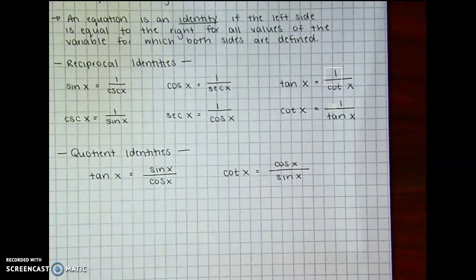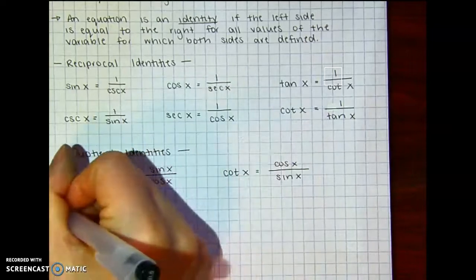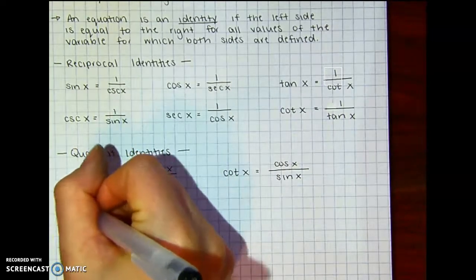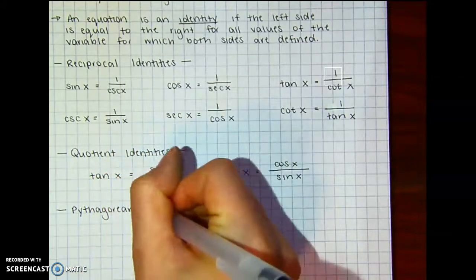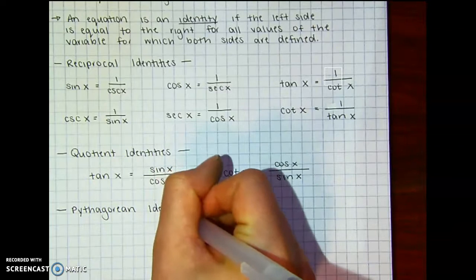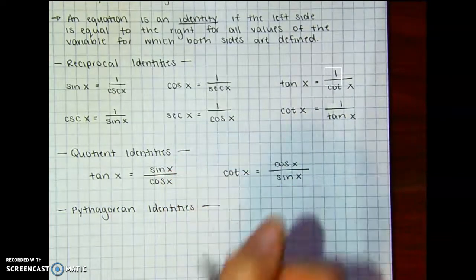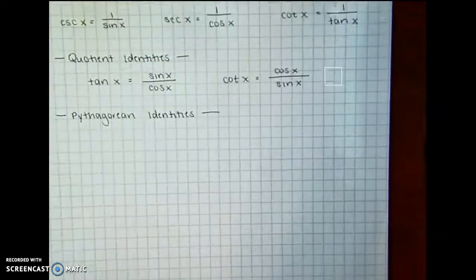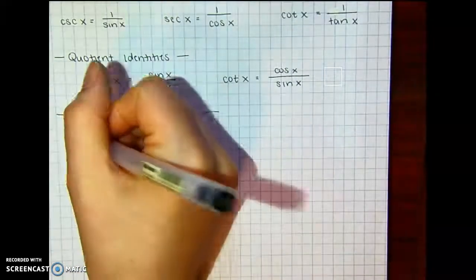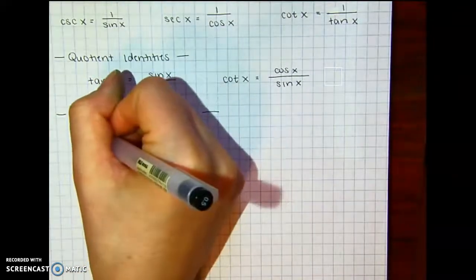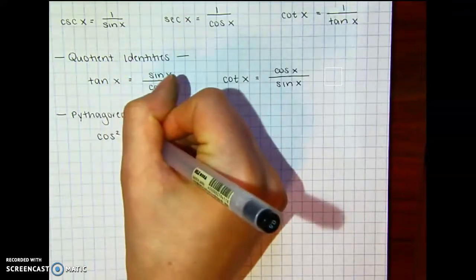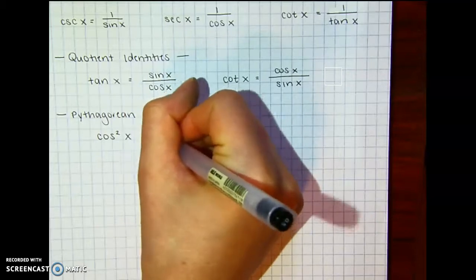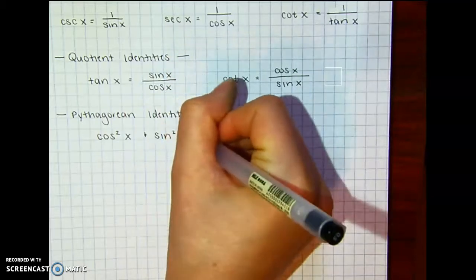Now, the last identity for today is the Pythagorean identities. Okay. And the first one is cosine squared of x plus sine squared of x is equal to 1.